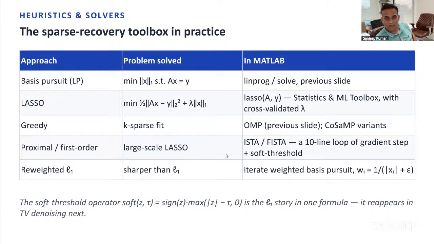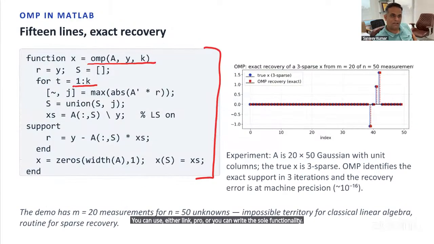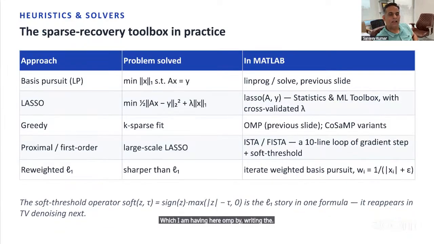So let me summarize it. If you are having this L1 minimization problem, you can use either linprog, or you can write the solver functionality, which I am having here, OMP, by writing the OMP. There is lasso regression, where again we use this L1 norm.